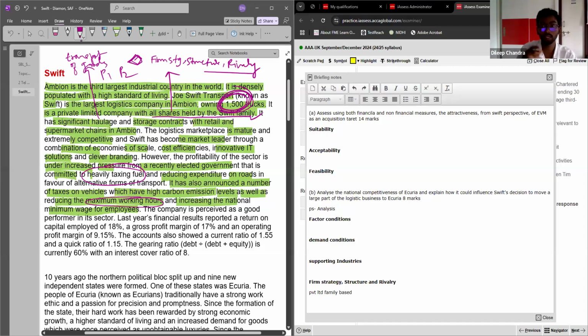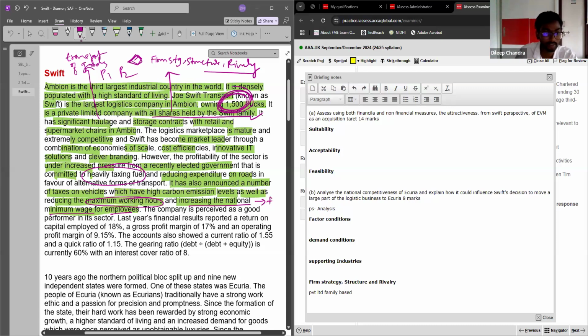They will have to work for more number of days, their contracts with the truck drivers would increase, right? So per day, maximum number of working hours reducing, which means more days they have to work, right? More contracts they might have to enter into. Increasing the national minimum wage for employees. Again, this is going to increase the cost.